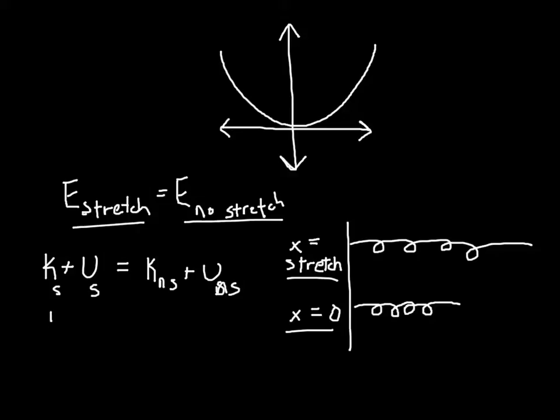I have kinetic when I'm stretched equal to 1/2 mass times velocity squared plus 1/2 k times x squared, the amount that I'm stretched, equals 1/2 times mass times velocity when I'm not stretched squared plus potential when I'm not stretched.